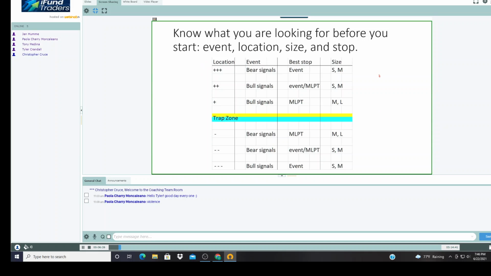When you have violence that goes against your position, there's a certain amount of violence, maybe it's 2 elephant bars in size with room left to go, that you can say, you know what, this is that 1 or 2 out of 10 times where I can go against the position, right?